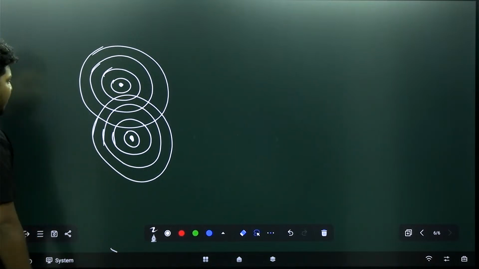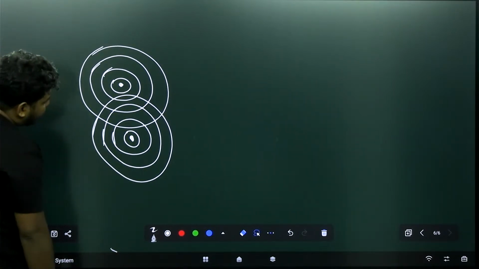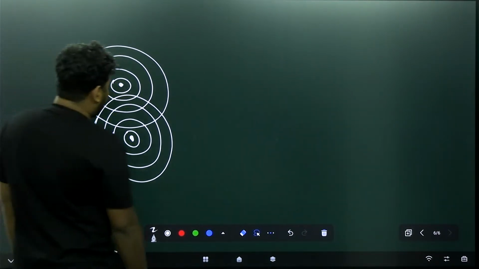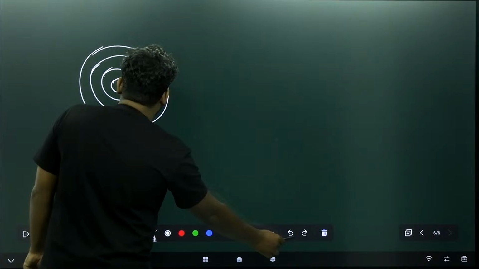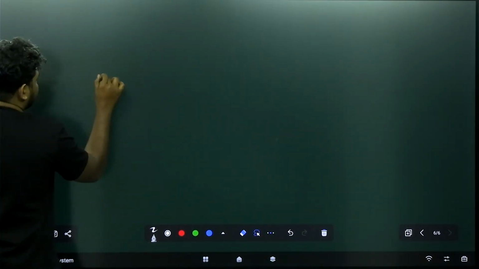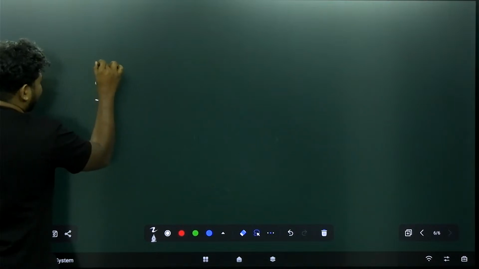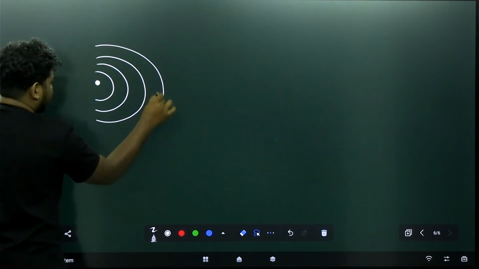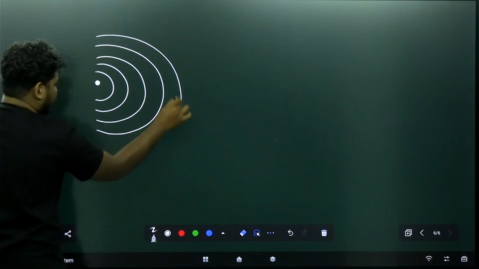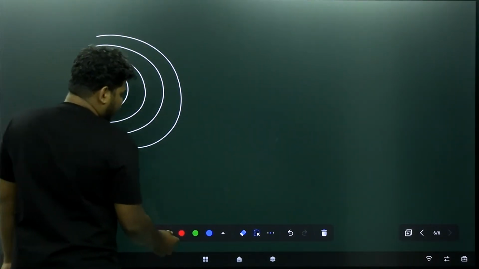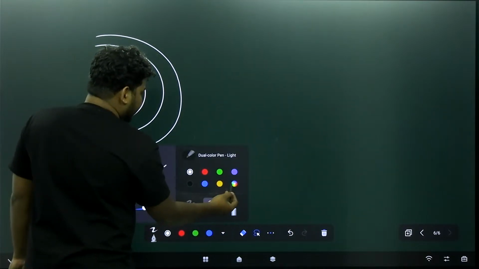So I'm taking these two. Okay. I need some more, but let's create like this. Let's say something like this. The second one, I'm going to draw with a different color.